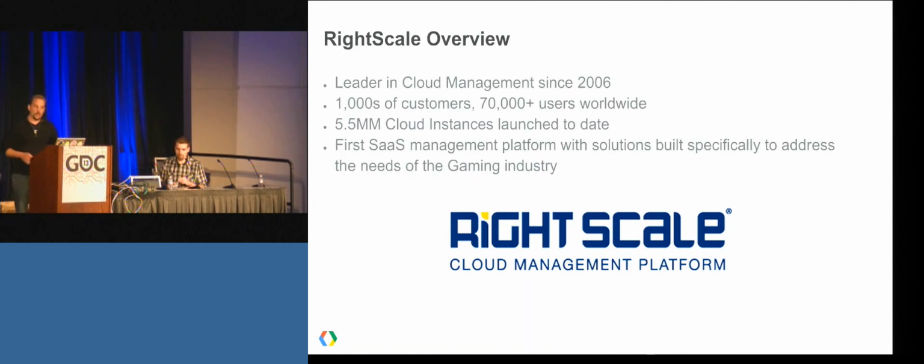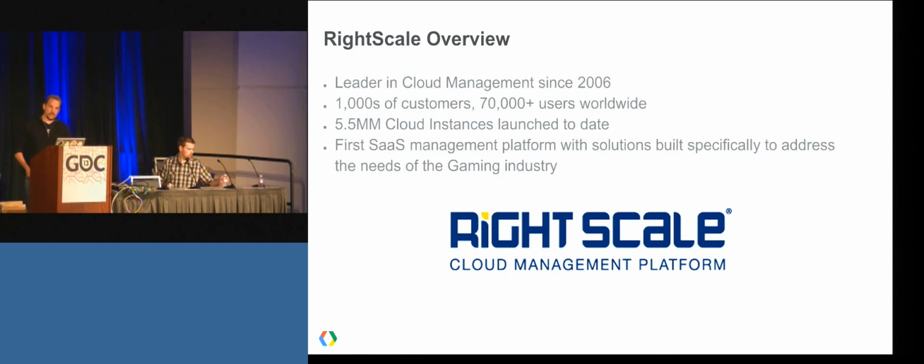So I'd like to start with a quick overview of RightScale, since some of you might not know about it. RightScale was founded in 2006, which in cloud time is prehistory. And what that means is that RightScale has really believed in the cloud vision since the beginning. There are currently thousands of paying customers using RightScale and more than 70,000 users worldwide.